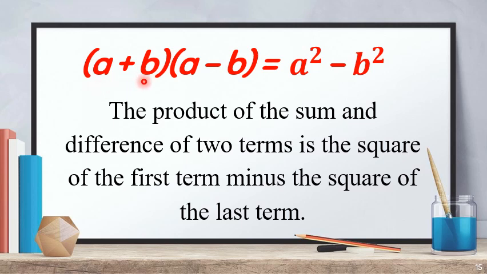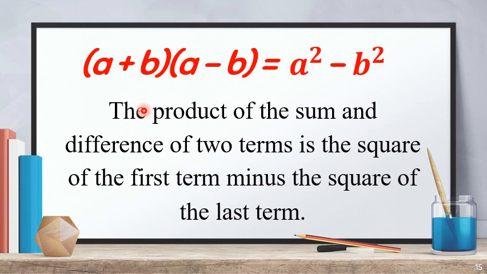So for instance, we have here quantity a plus b multiplied by quantity a minus b. So based on the definition, the product of the sum and the difference of two terms is the square of the first term, which is a, and the square of the last term, which is b.